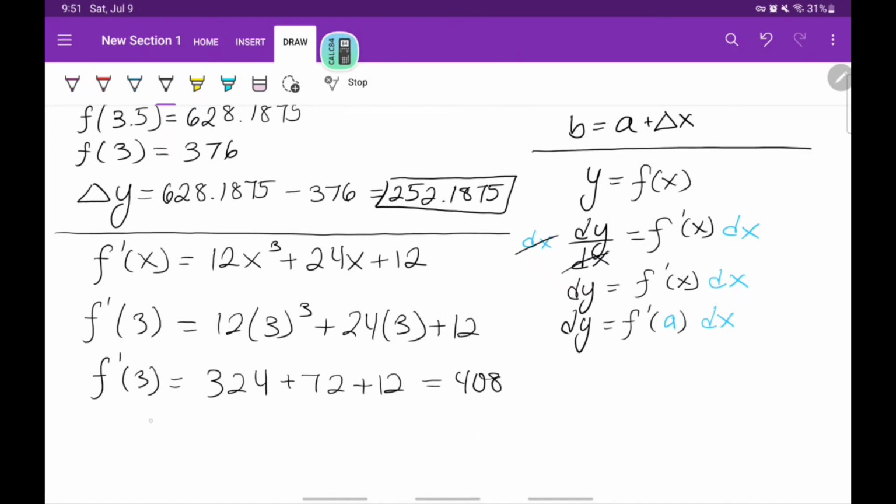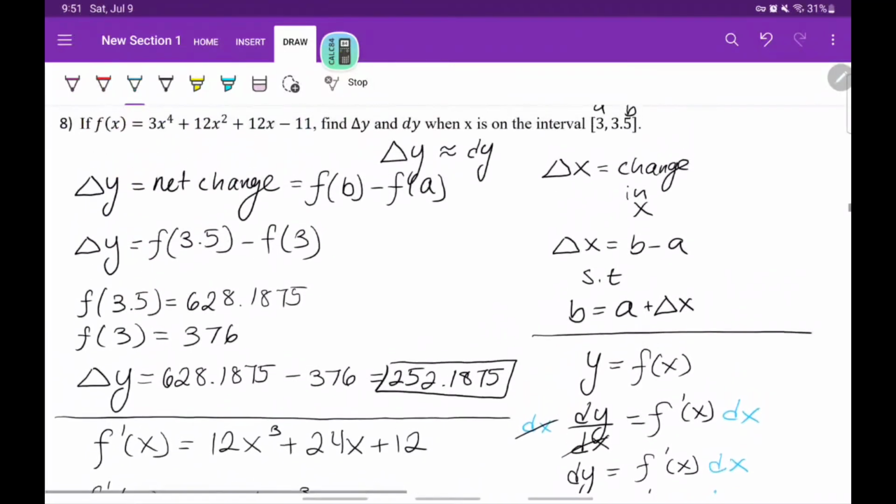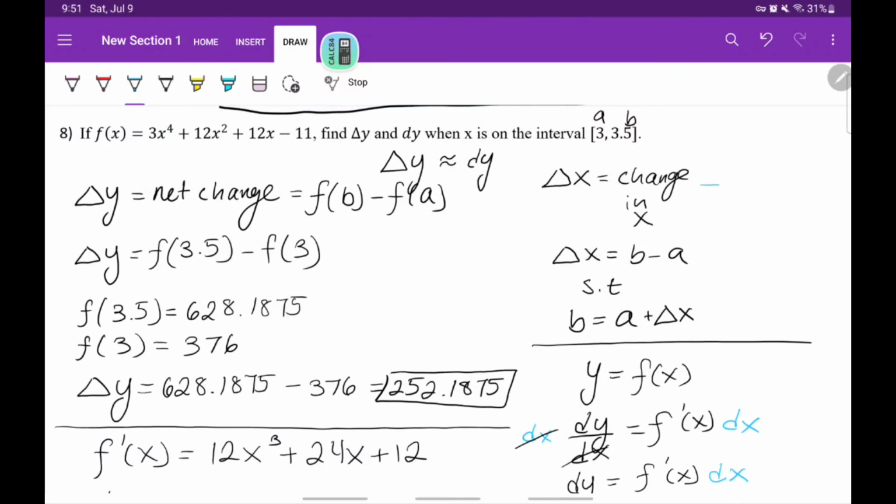So to find our dy, it is f prime of a, which is f prime of 3. That's 408, times dx. Well, what is dx? dx is the same as saying delta x. So dx is b minus a, which is going to be 3.5 minus 3. dx is 0.5.